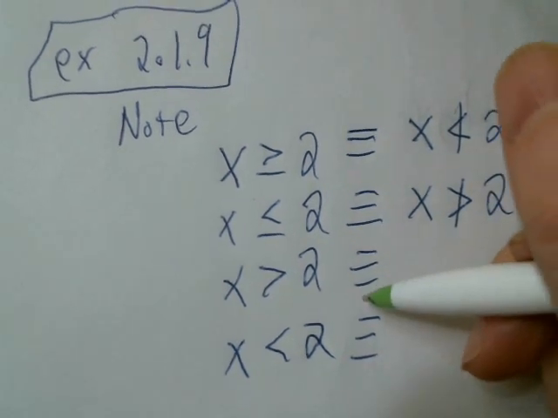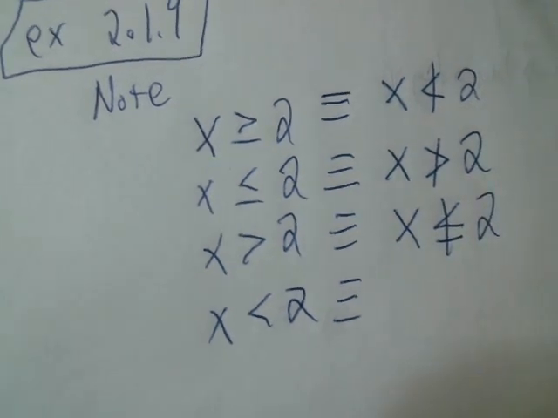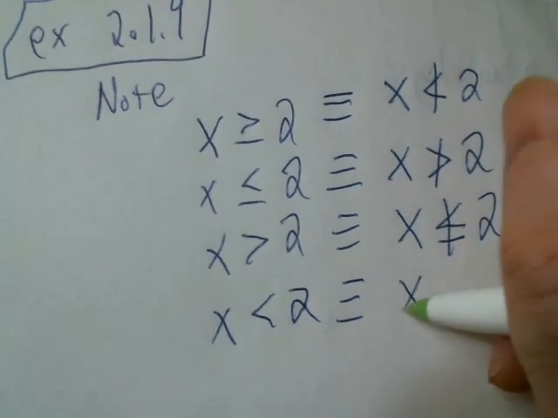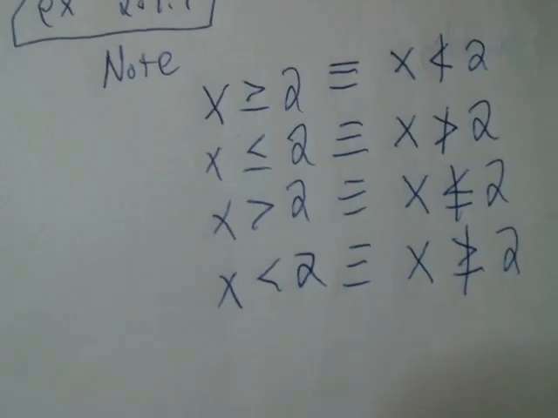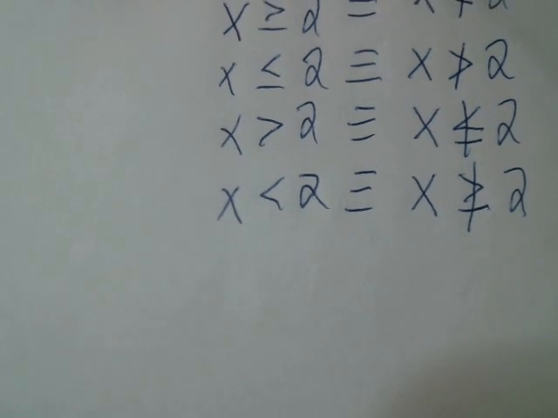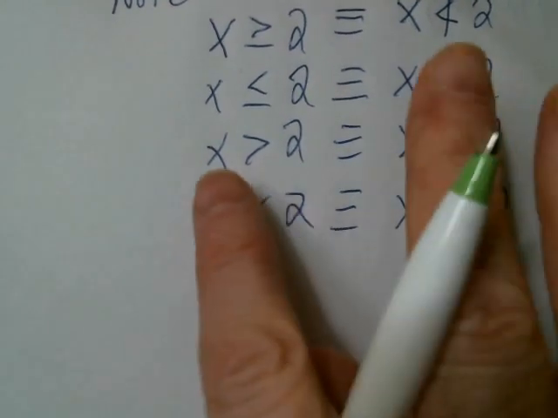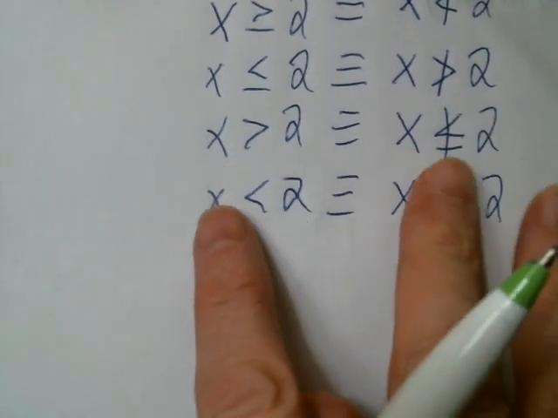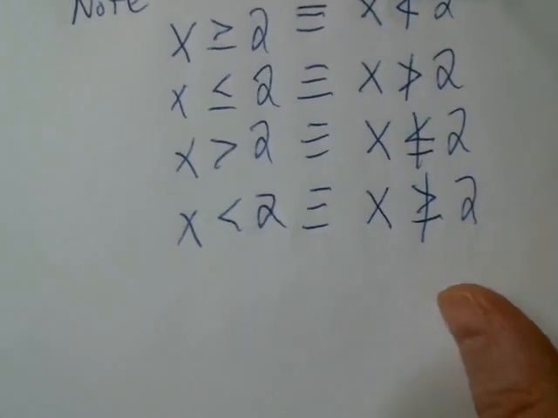Saying x is greater than 2 is the same as x is not less than or equal to 2. And x less than 2 is the same as x is not greater than or equal to 2. So when we negate statements, we can work with either one. If you want to work with this side, work with that. If you want to work with that, work with that.